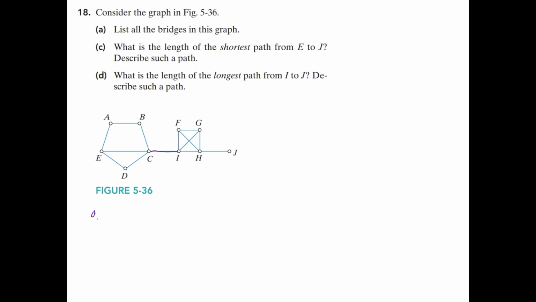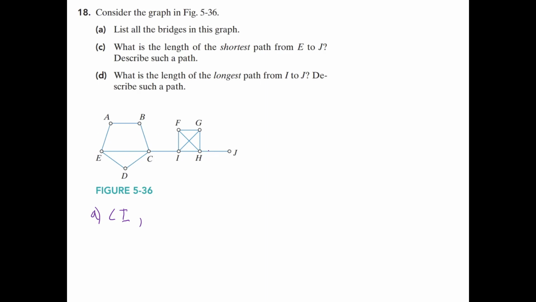So A, CI is a bridge. Okay. Well, what else is a bridge? Well, anything in here, you have multiple vertices, you have multiple edges, so you're not going to have a bridge. Likewise, that's why you have over here.